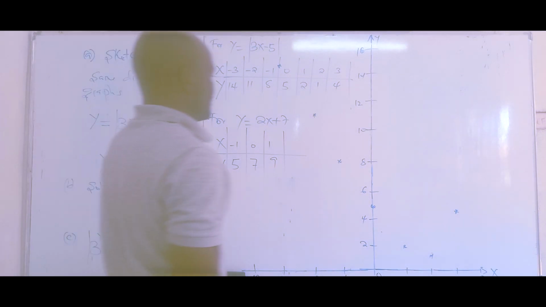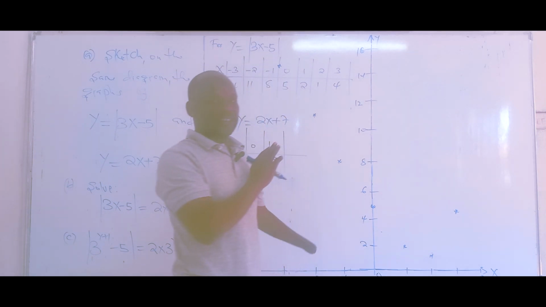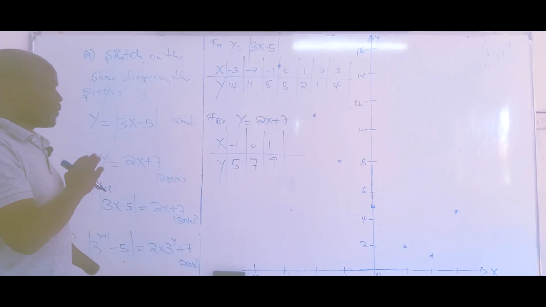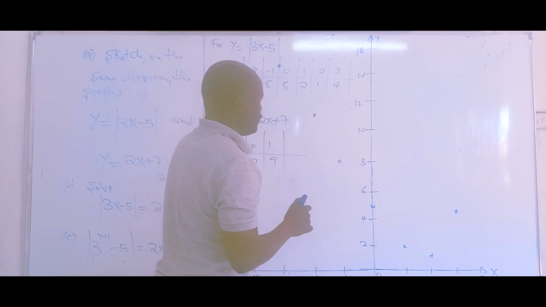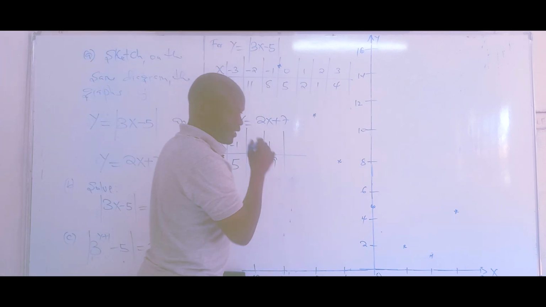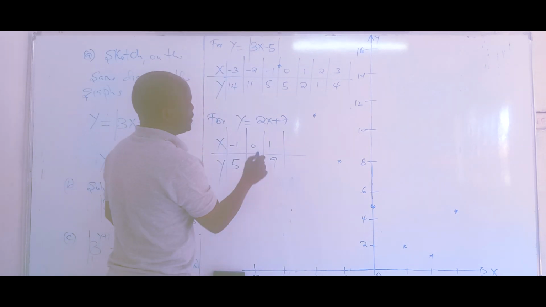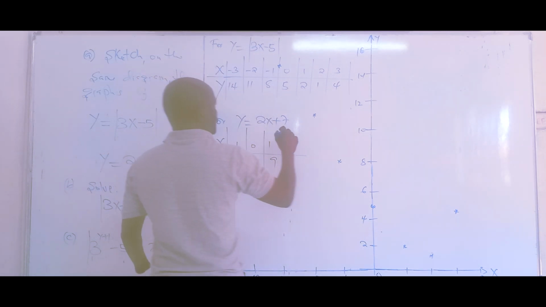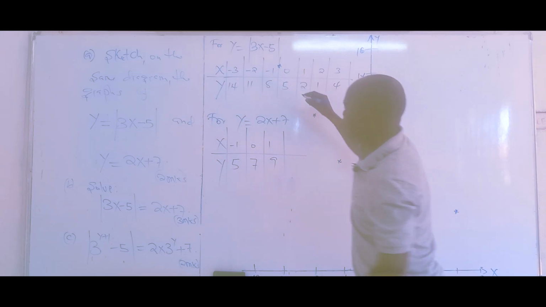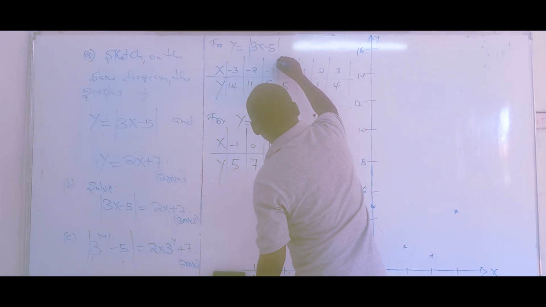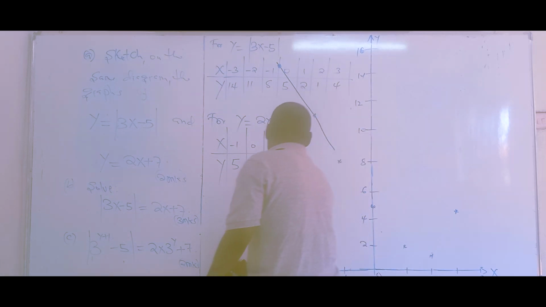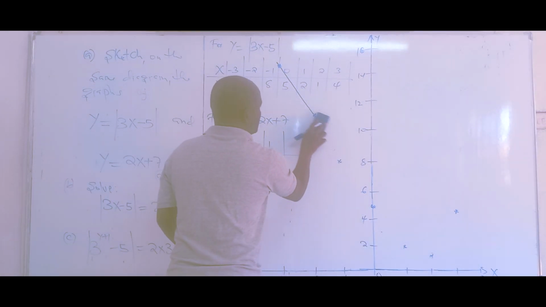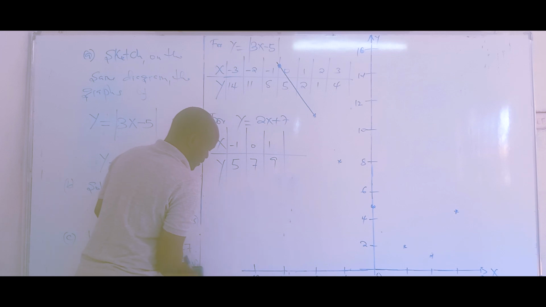The line moves as such. Realize that they're straight lines. So what we have is that this line moves as, I wish I had a ruler. If I had a ruler, I would have drawn it. But just to sketch, we are expected to join these points as such. It's a straight line. Whoa, that's not straight. Let's look here. That's not straight at all.